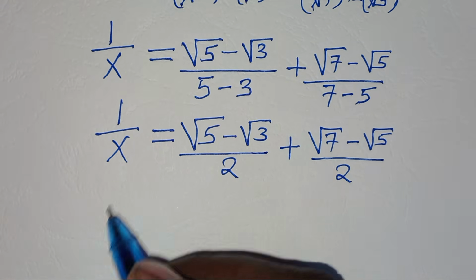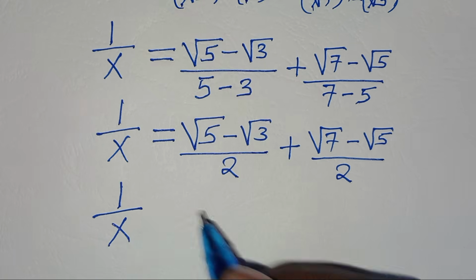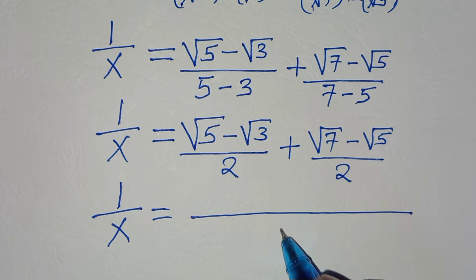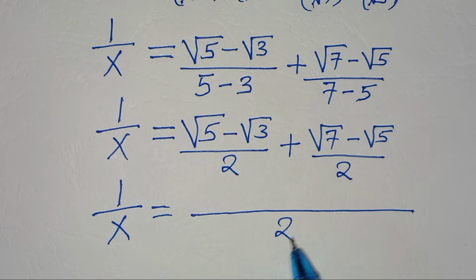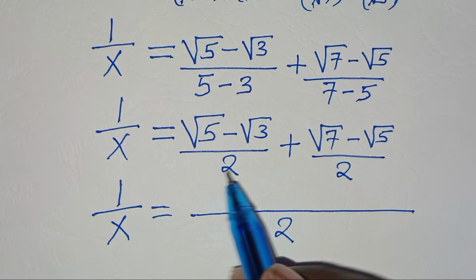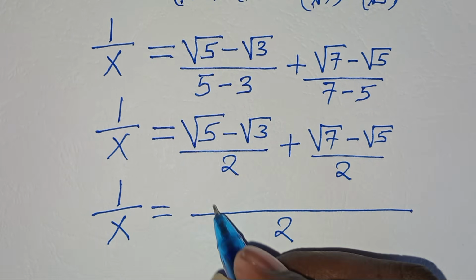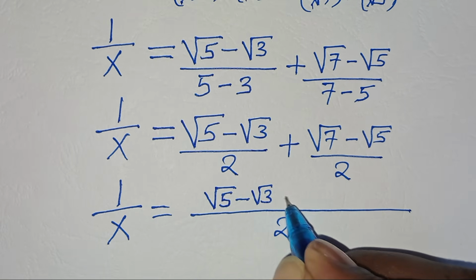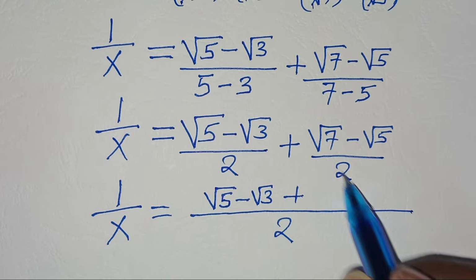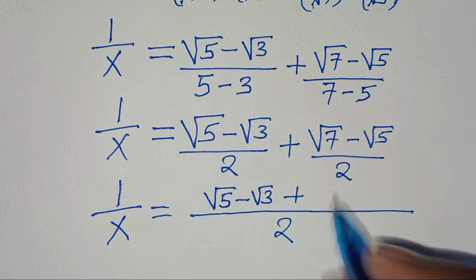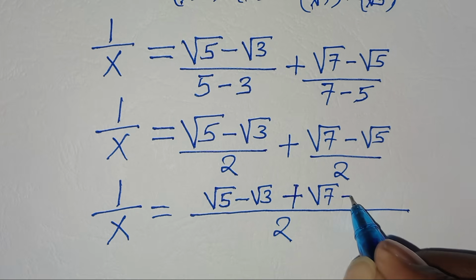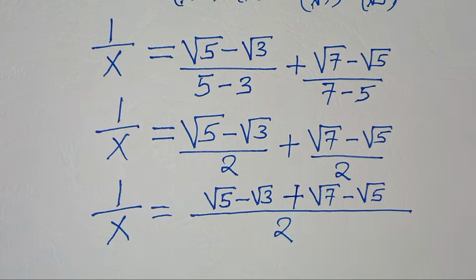Now, this means that 1 over x is equal to, we have the LCM here, which is 2. So 2 divided by 2 is 1, 1 times root 5 minus root 3 becomes root 5 minus root 3. Then plus 2 divided by 2 is 1 times root 7 minus root 5. So this becomes plus root 7 minus root 5.